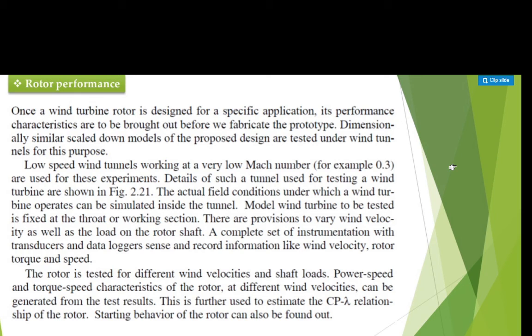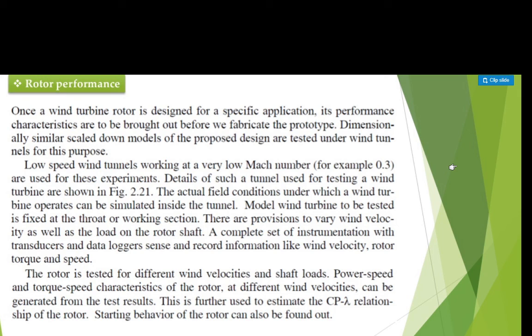Dimensionally similar scaled down models of the proposed design are tested in wind tunnels for this purpose. Low speed wind tunnels working at a very low Mach number are used for these experiments. Details of such a tunnel used for testing a wind turbine are shown in the figure. The actual wind conditions under which a wind turbine operates can be simulated inside the tunnel.